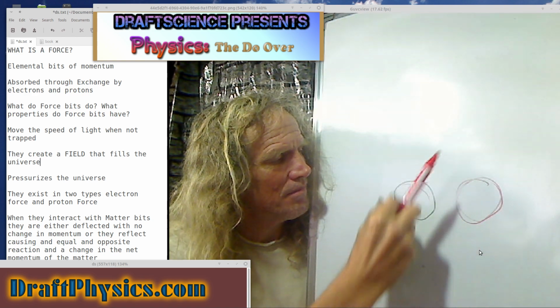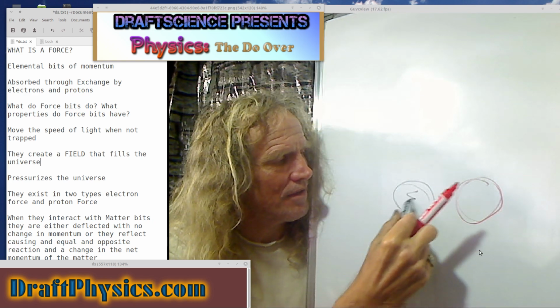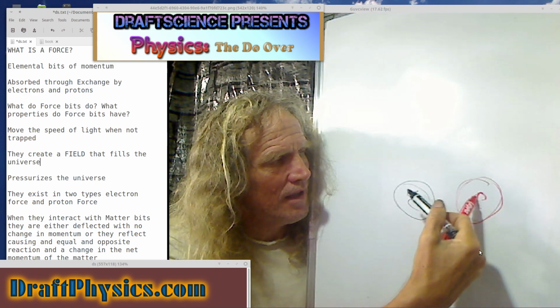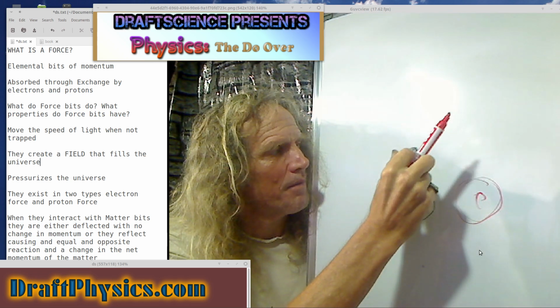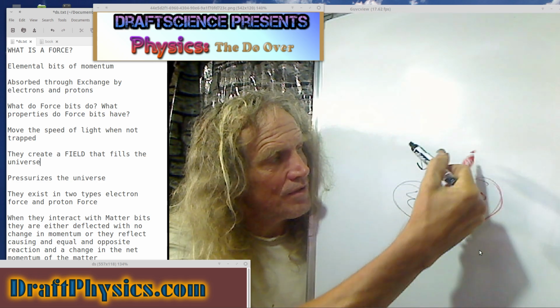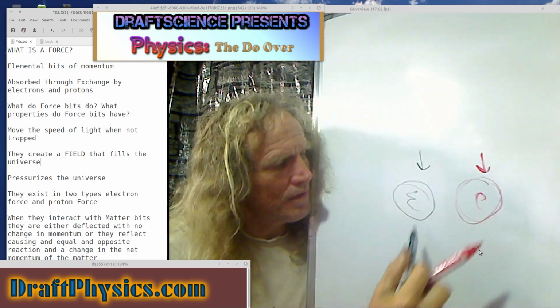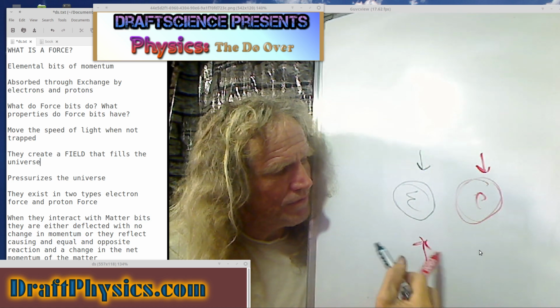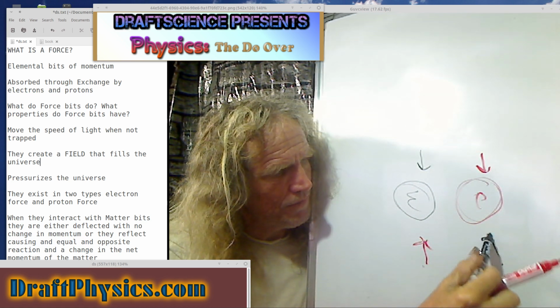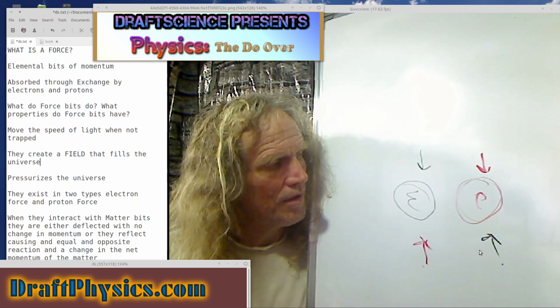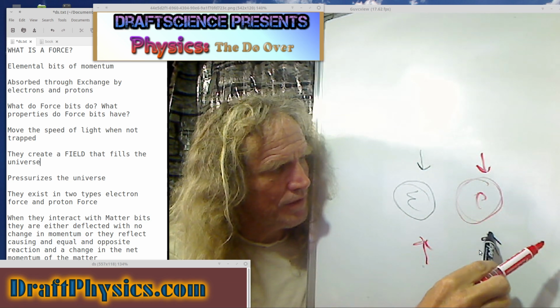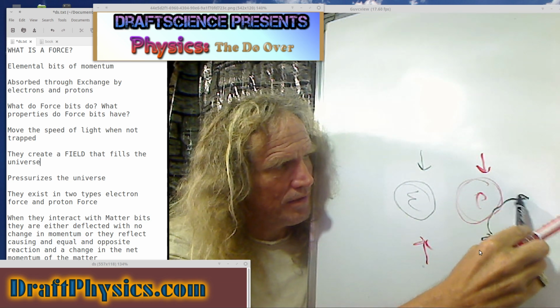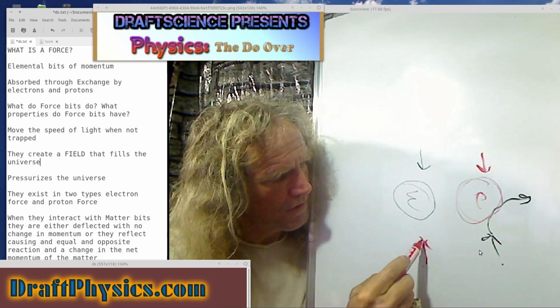And so what you need to understand is there are electrons and protons, and there are also, complementarily, two forces that behave differently when they hit these two objects, and it's an inverse relationship. So what black energy does in protons, which is deflect, red energy does with electrons.